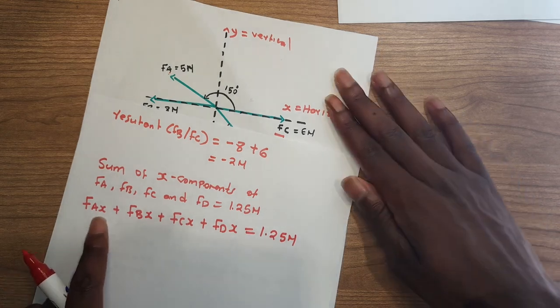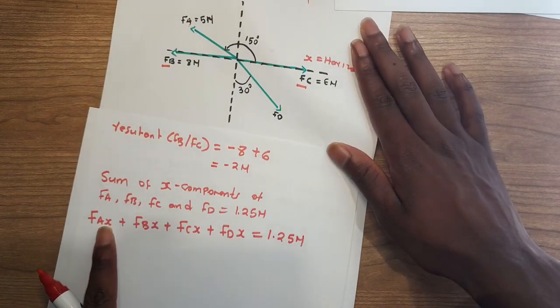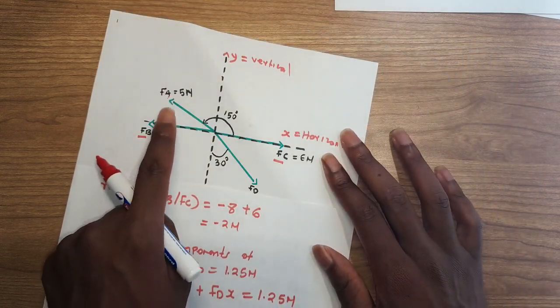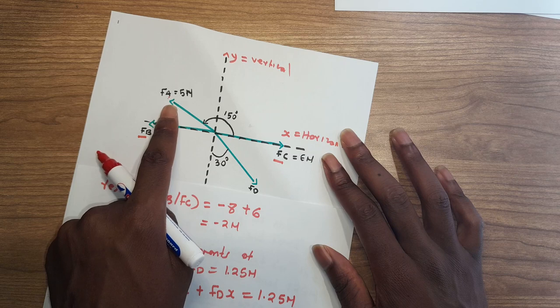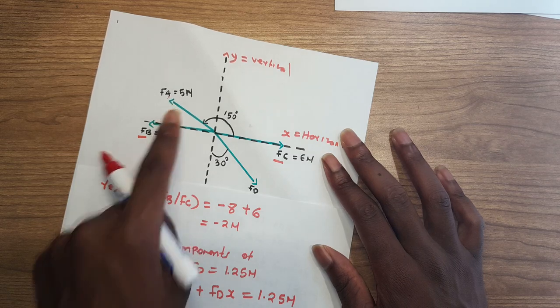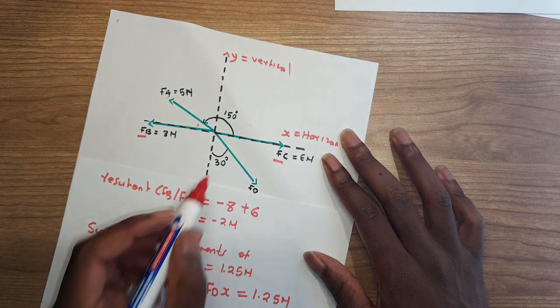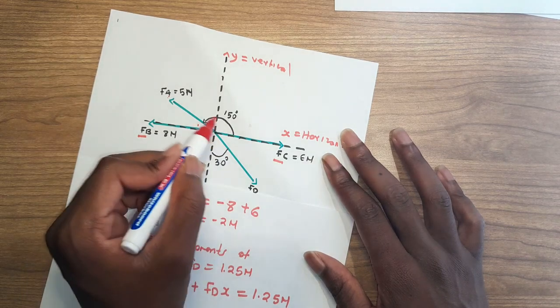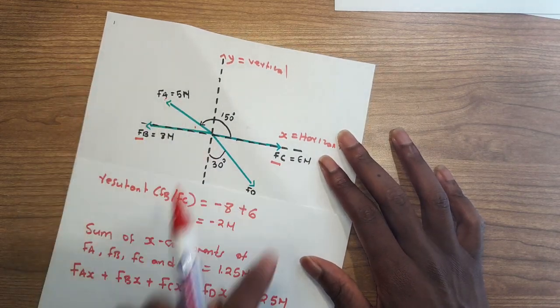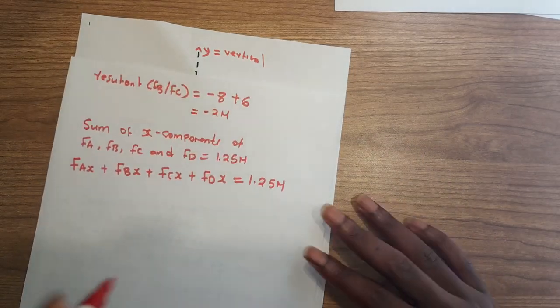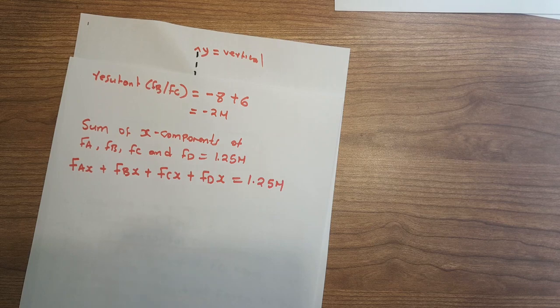So let me just look. What is the x component of FA? You look at FA, right? This is going to be my FA. I don't know this angle, but I do know this angle. These are angles on a straight line, and we all know that angles on a straight line add up to 180 degrees.